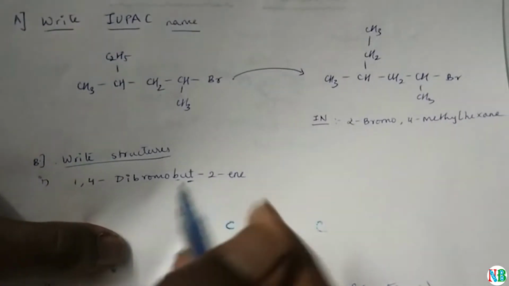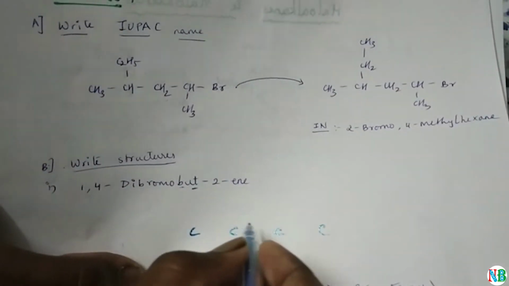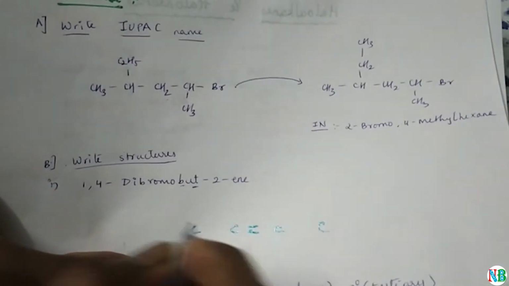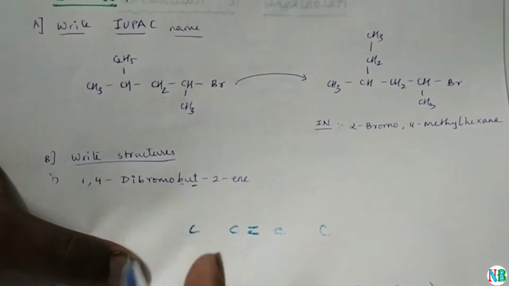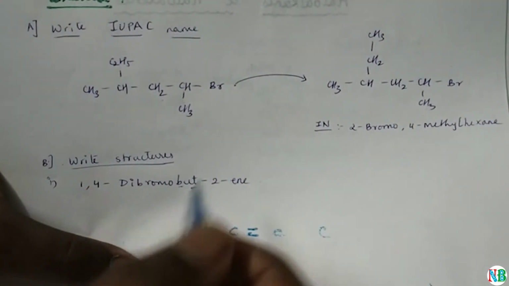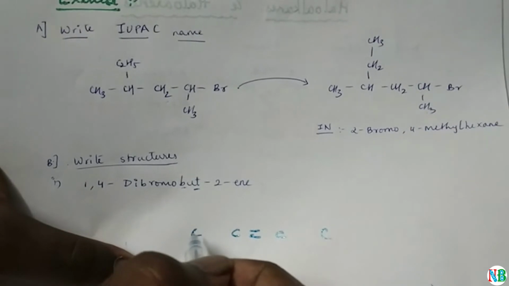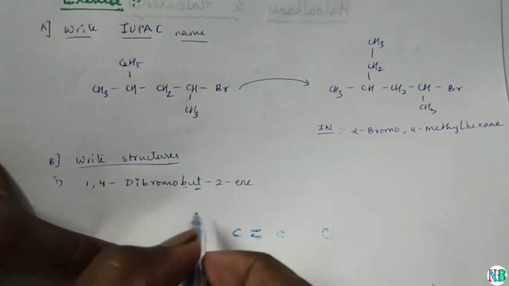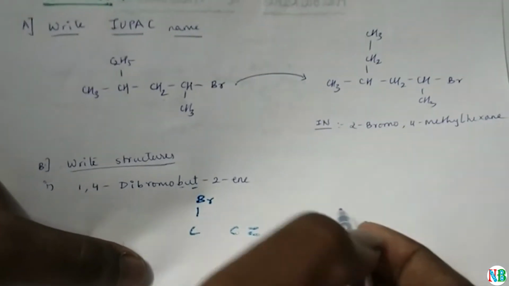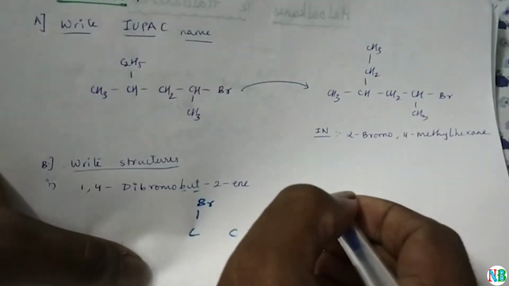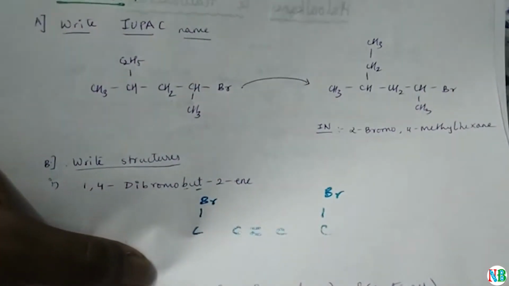So at second, it said that I need to put a double bond, so I will put a double bond at the second. Then what is said to me is that 1,4 is dibromo. So 1,4. So on 1 there is a bromine, and on 4 there is a bromine. So 1 2 3 4. So on 4 also I will add a bromine.